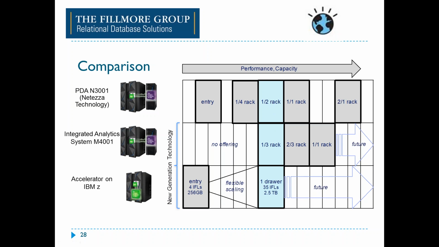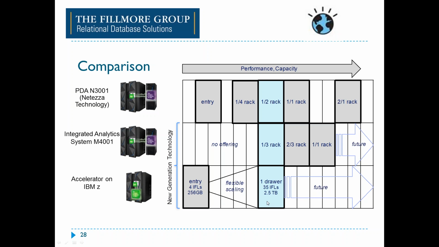the M4001. Compared to that, the Accelerator on Z would be one full drawer of 35 IFLs and 2.5 terabytes of memory in order to get the same storage and processing capability. So this blue line down the middle here is sort of the sweet spot.